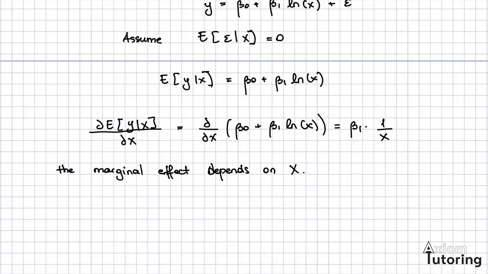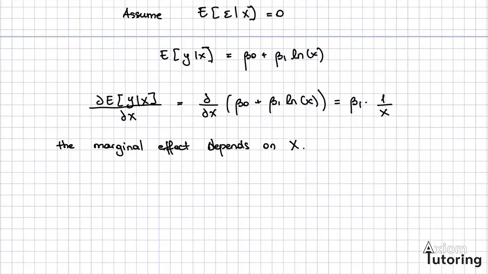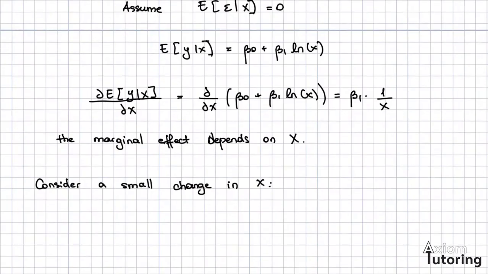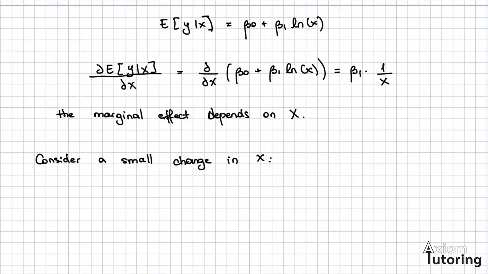So now let's move into step 4. Let's convert to a percentage change interpretation, because that was what we had. So consider a small change in x. That means that in our case, we're going to have some sort of change in y.